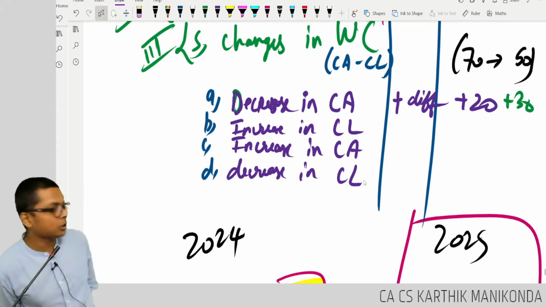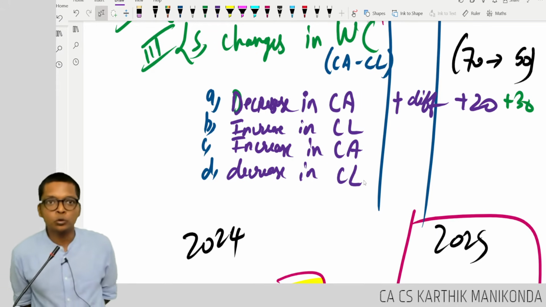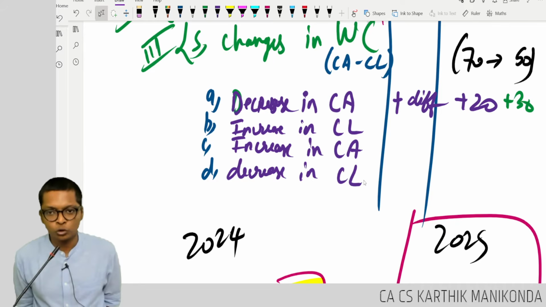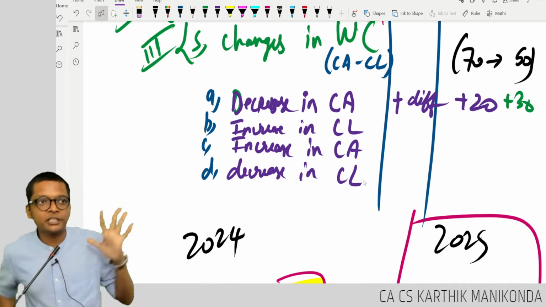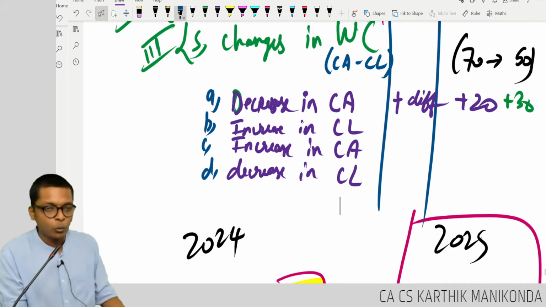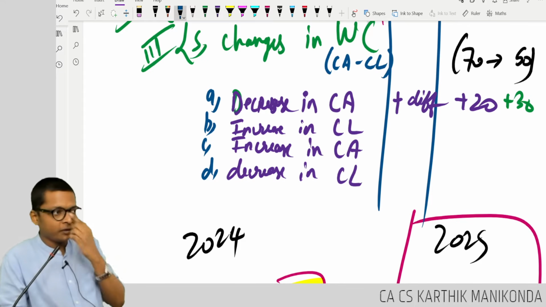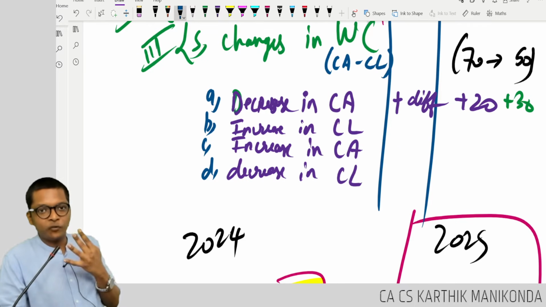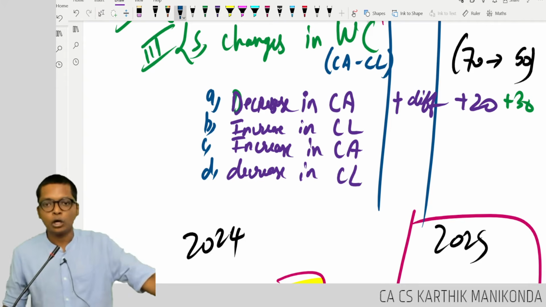Have you written all the 4 combinations? Have you studied this in school? We are going to break open the logic for each of these points and understand why we are doing each of this. Very important. 4 things. Now these 4 things are happening in the balance sheet, not in P&L.